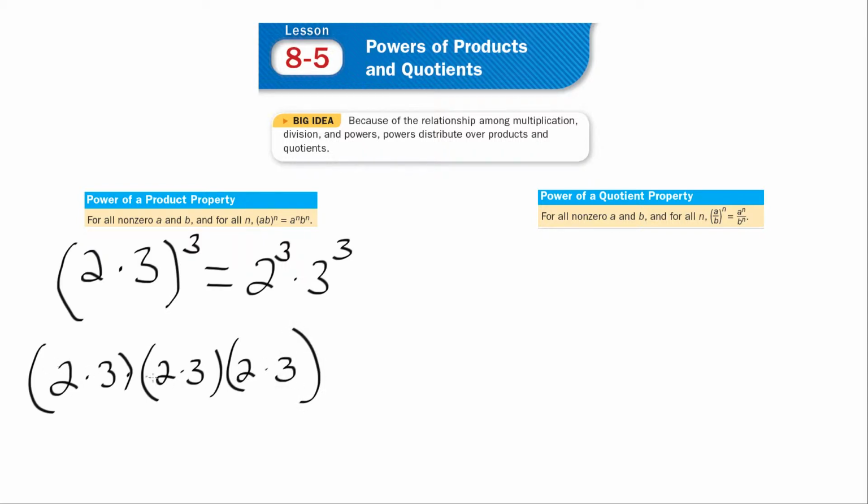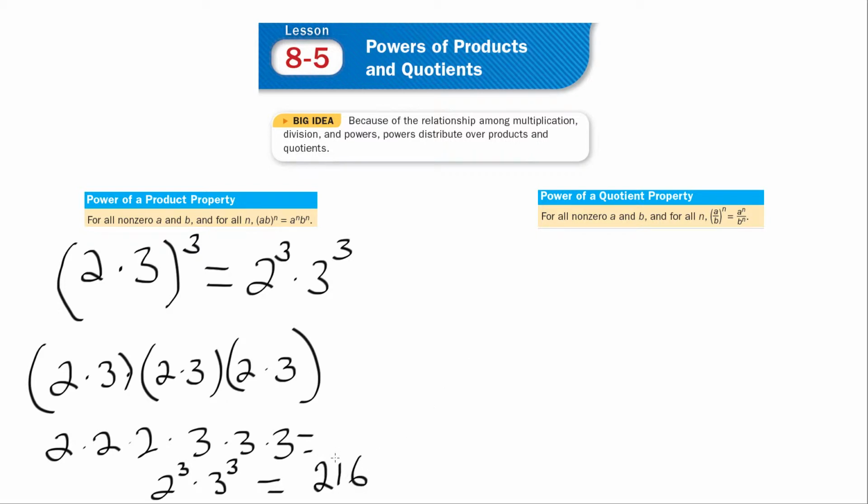Well, we can remove the parentheses, and since multiplication is commutative and associative, we can make this 2 times 2 times 2 times 3 times 3 times 3, which indeed shows us what we should have gotten, which is 2 cubed times 3 cubed, and that equals something. What is it? 216.